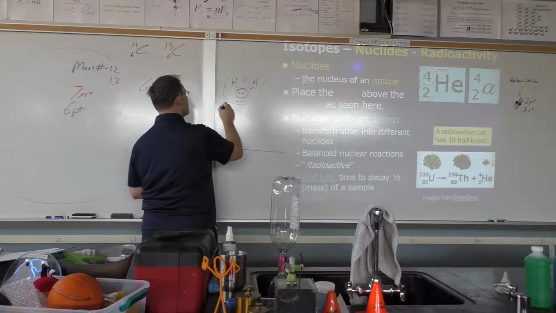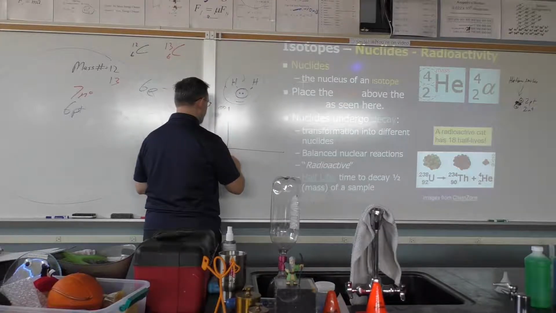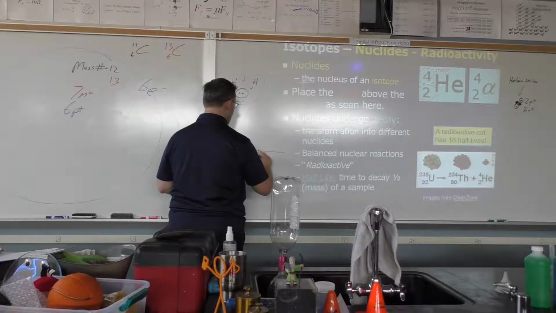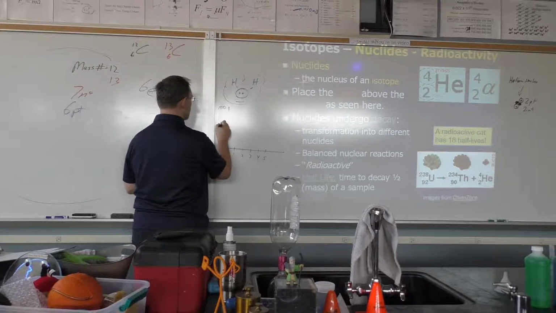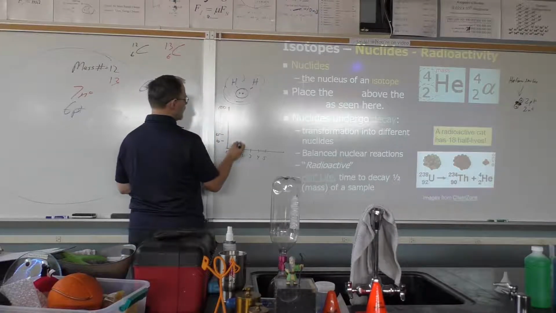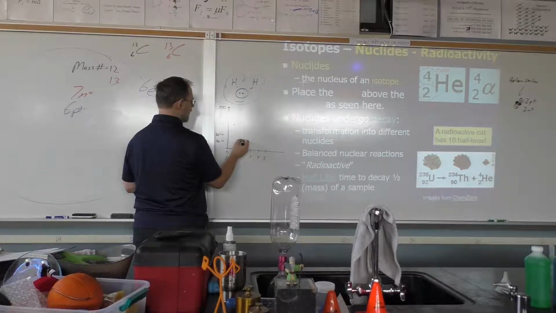So basically, if you had 100% at 0 half-lives, 1 half-life, 2 half-lives, 3, 4, 5 half-lives, we'll make this 50, this is 25. At 0 half-lives, you have 100%. At 1 half-life, you have 50. At 2 half-lives, you have 25.